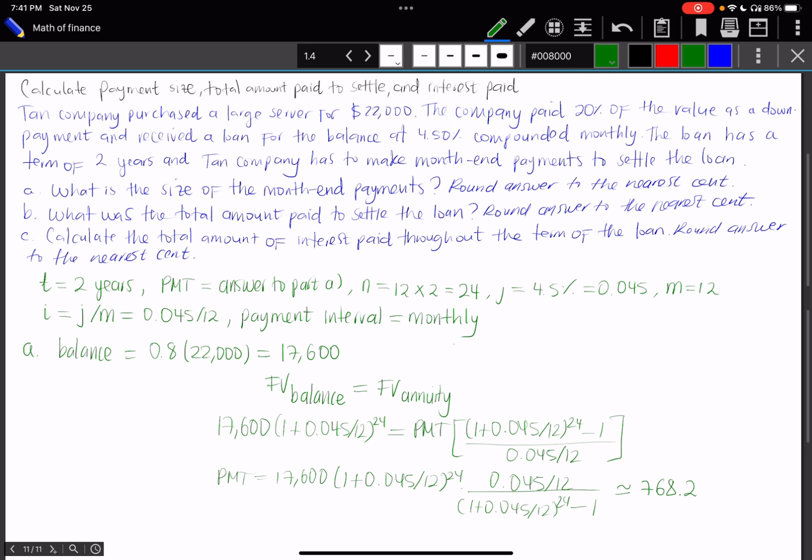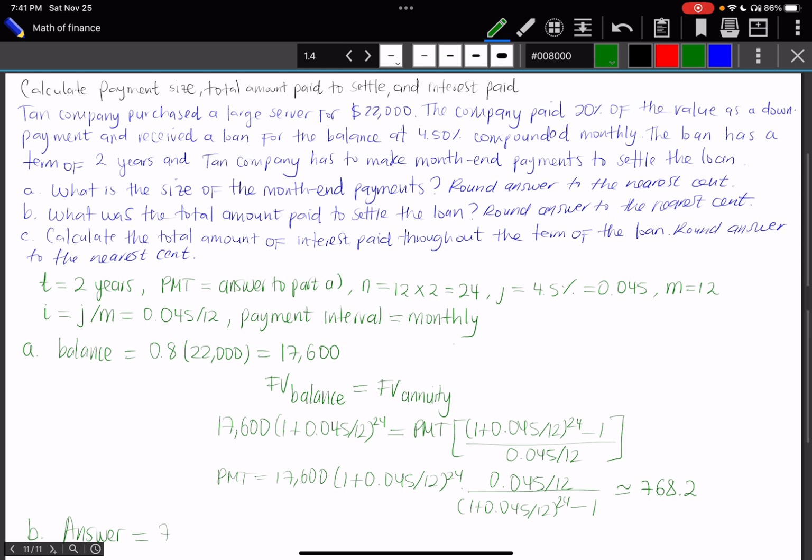Next, we can work with part B of the problem. In part B, we need to compute the total amount paid to settle the loan. Part B follows from part A because all we need to do is multiply the amount of the periodic payment by 24.